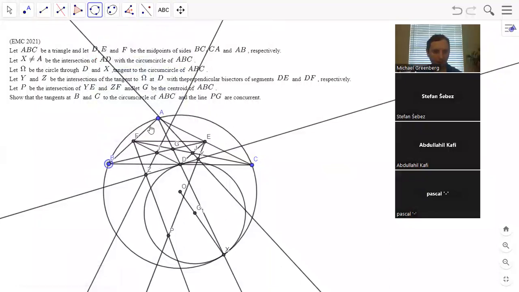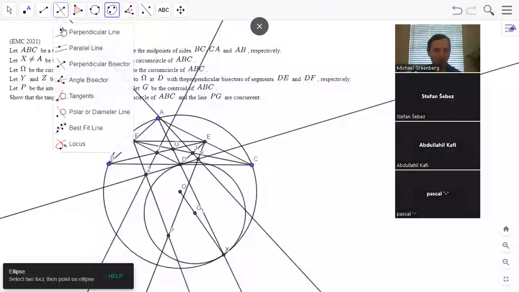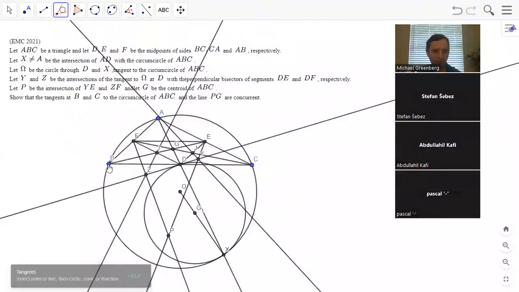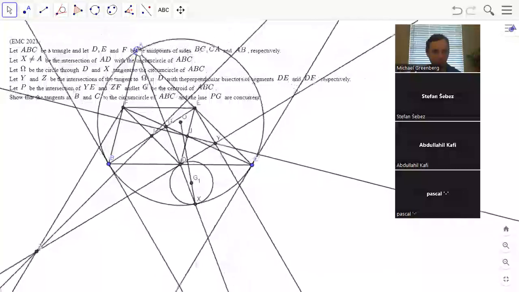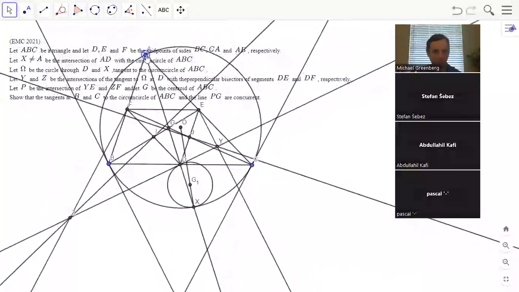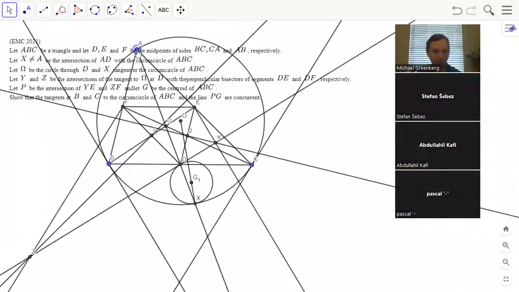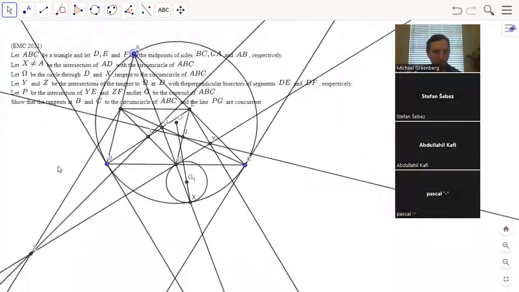All right, let's clean this up. Whoops. So draw my tangents at B and C. Make it a taller triangle, so that I like the tangents to intersect below, ideally. Okay, shrink it a little bit.